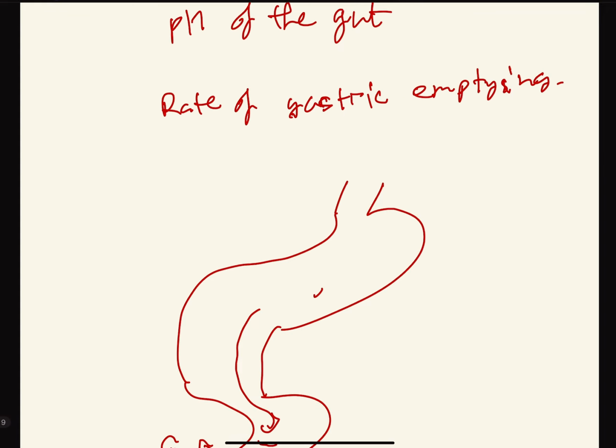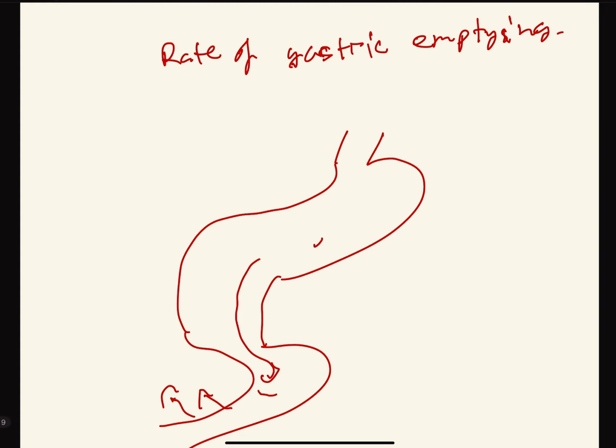If the gastric emptying time is less, or there is rapid gastric emptying, the drug will readily come into the small intestine and get absorbed from there. Gastric emptying time is the time the drug takes to go from the stomach to the intestine. So if the rate of gastric emptying is more, then the absorption of the drug will be more.